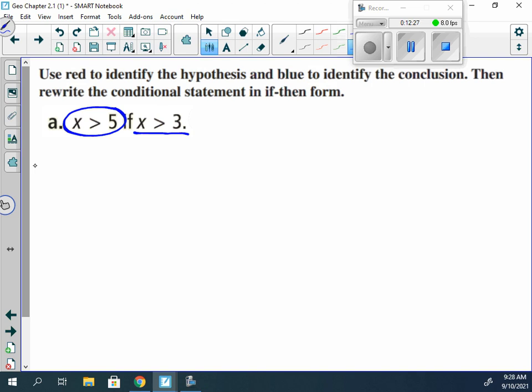But what if x is equal to 4? Is 4 greater than 3? Then 4 is greater than 5. Well, no. But how we'd set this up is still if x is greater than 3, then x is greater than 5.